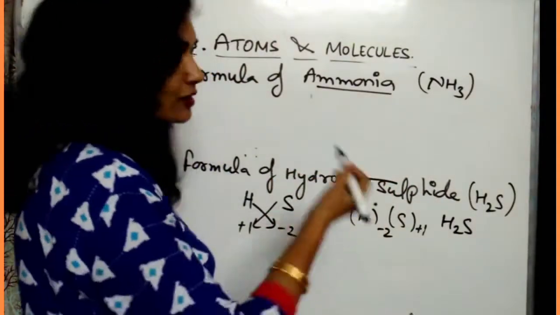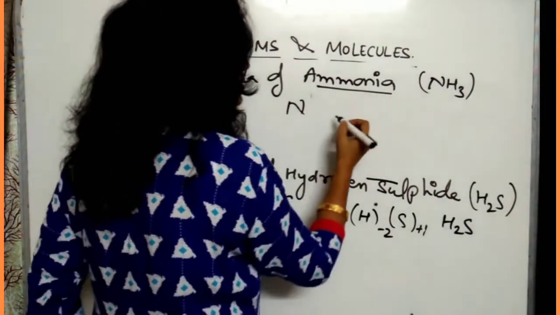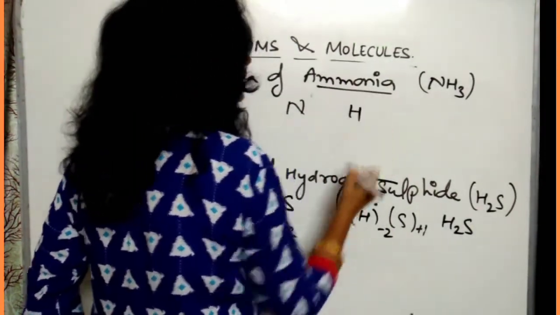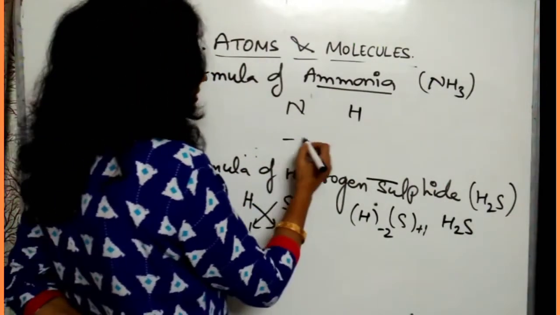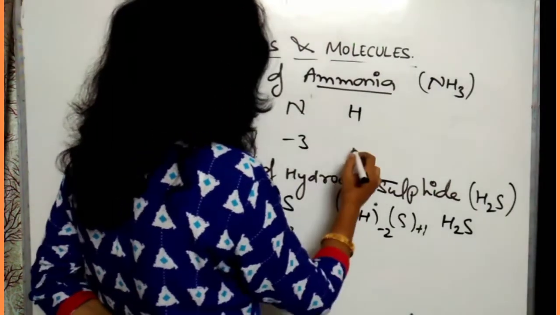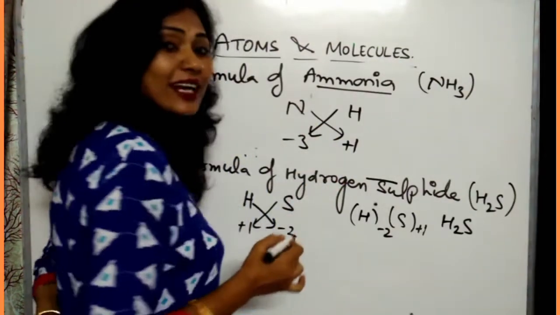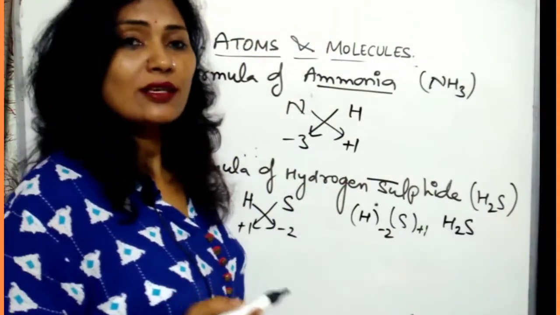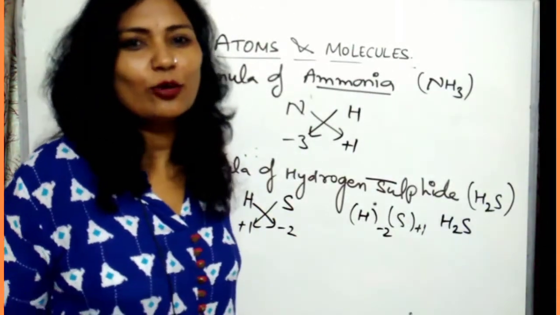Both are non-metals here. We write nitrogen N and hydrogen H. The valency of nitrogen is -3 and the valency of hydrogen is +1. In some books you can see that valencies are not written with the minus sign, so you can ignore that also.